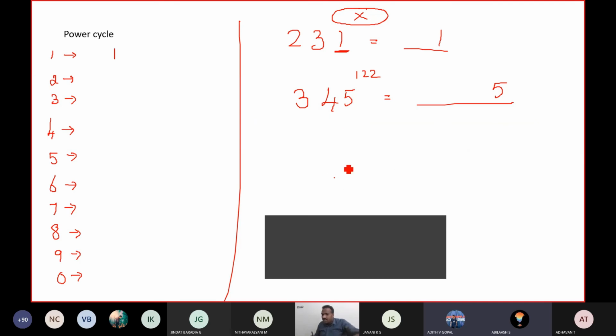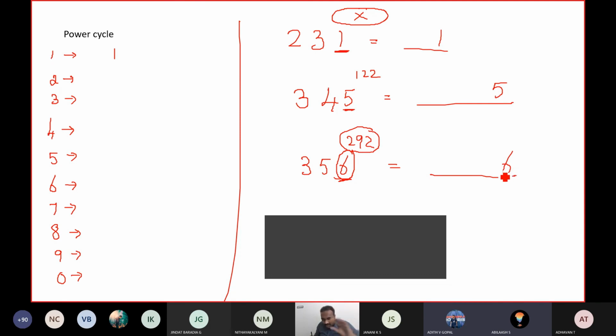The similar logic applies for 6. No matter what, if the base value ends in 6, you don't have to worry about what your power value is. The last digit is definitely going to be 6. 6 power 1 is 6, 6 square 36, 6 cube 216.